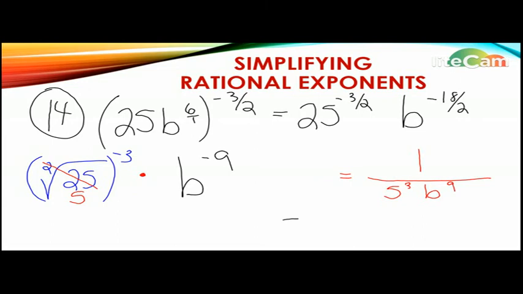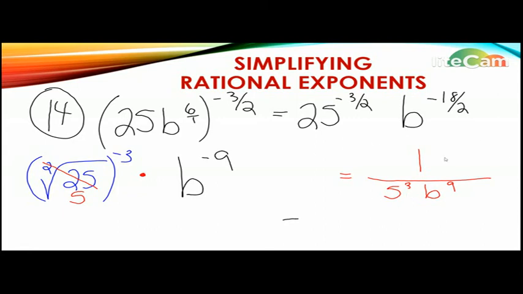Okay, so what was -18 over 2? -18 over 2 is really just -9, and a negative means I flip it as well over to the other side of the fraction. So when I flip, if I don't have anything on top, I'm just going to put a 1. But b to the 9th needs to go right here with my 5 cubed. What else do I need to do with this?